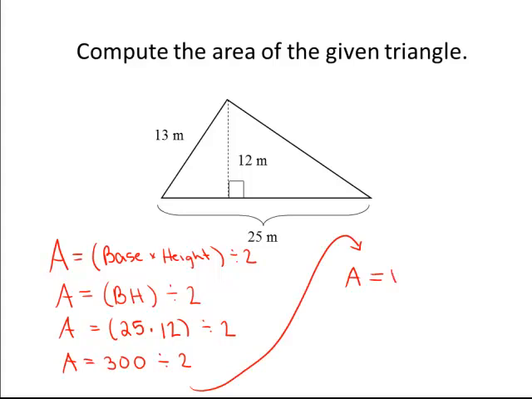So the area of this triangle is 150 square meters. We can also write that as 150 meters squared.